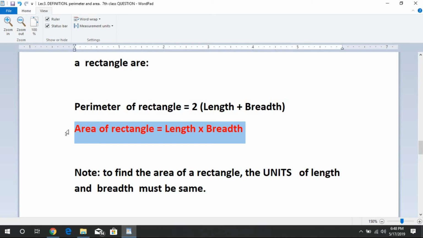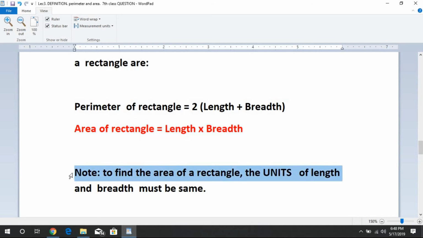Area of a rectangle is equal to length multiplied by breadth. These are the formulas to find the perimeter and area of a rectangle. Now, note, to find the area of a rectangle, the units of length and breadth must be the same.